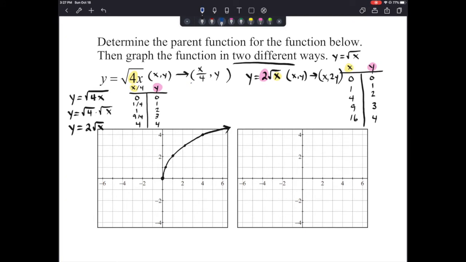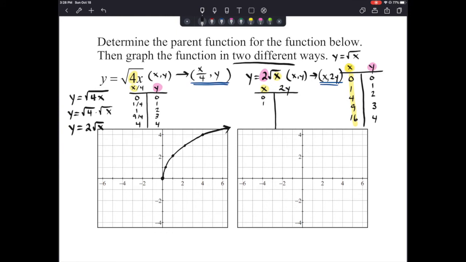When we look at these, this is one rule, this is a different rule, but really it's the same function. So let's see what happens here. Let's make a table. In this case, our x's will remain the same, and then we're going to multiply each of our y's by 2. So take your x's, here's your x's. It looks like we'll just copy them right in on the table.